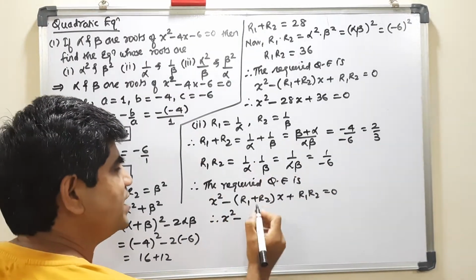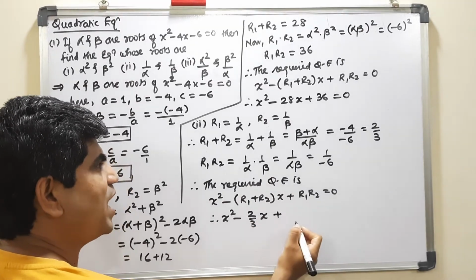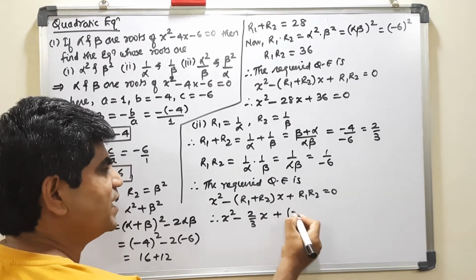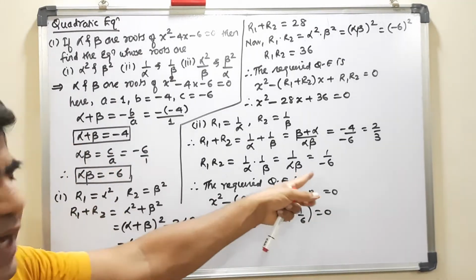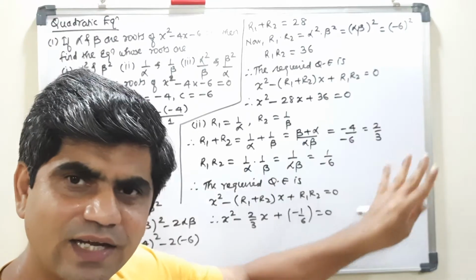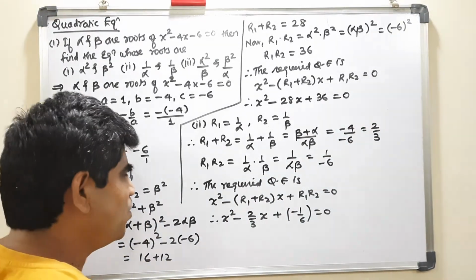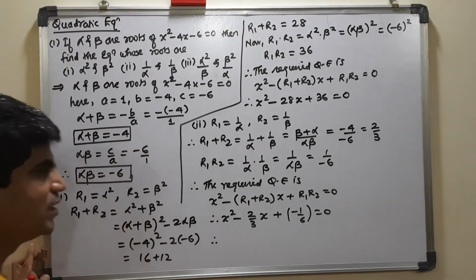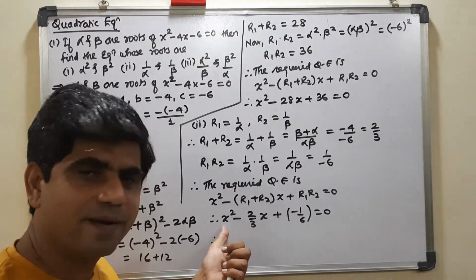R1 plus R2 is your 2 by 3, and R1 R2, that is the product of roots, is minus 1 by 6, equal to 0. This minus can be written upside, in the center or in the denominator. Okay. Now if you see here, the denominator over here is 3, here is 6 and here is 1.